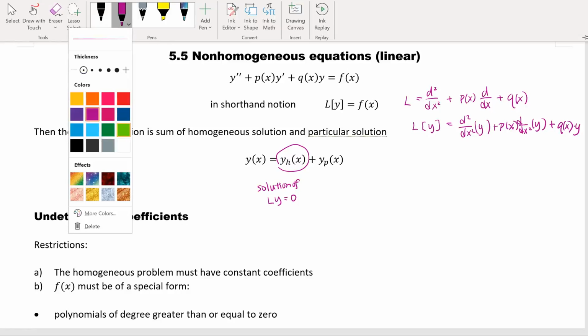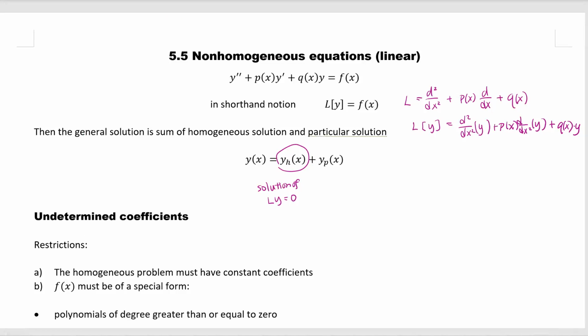So given, for example, a second order linear ODE with constant coefficients, we first look at the characteristic equation. Okay, so in this case we have ar squared plus br plus c equal to 0. Okay, and then we solve for r.